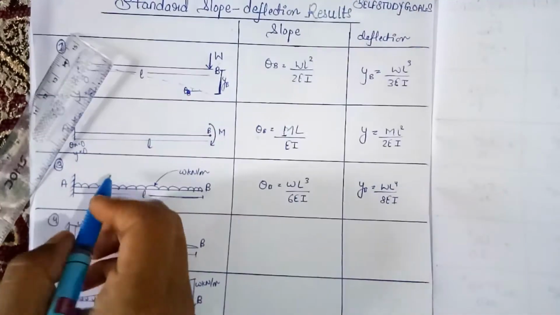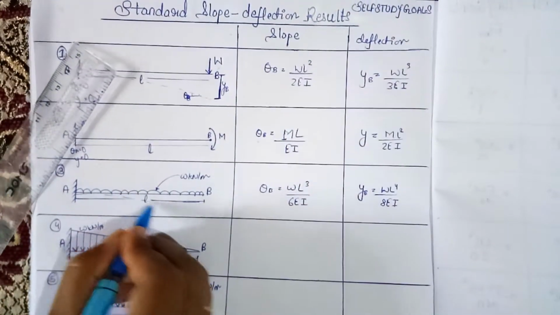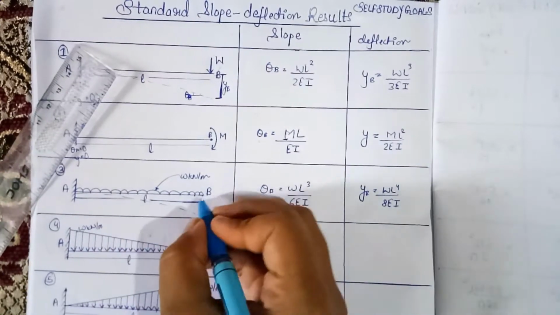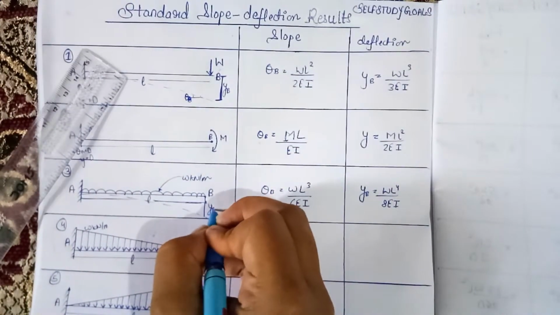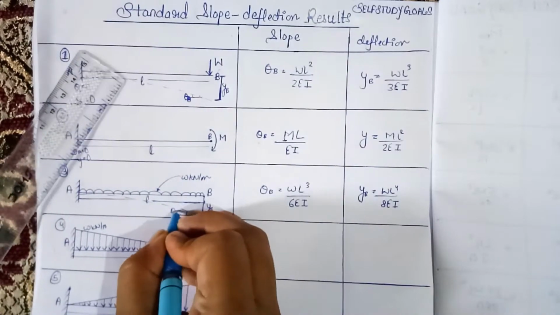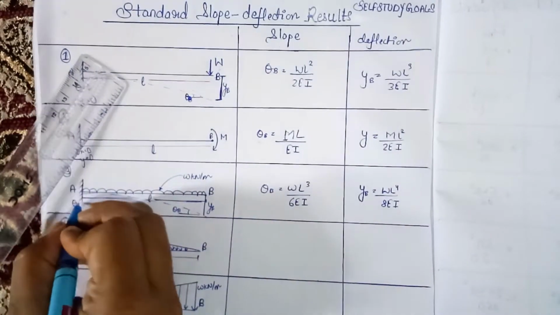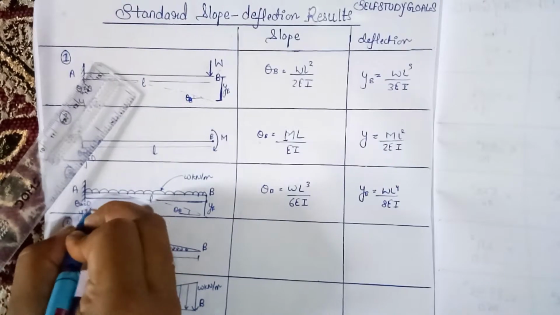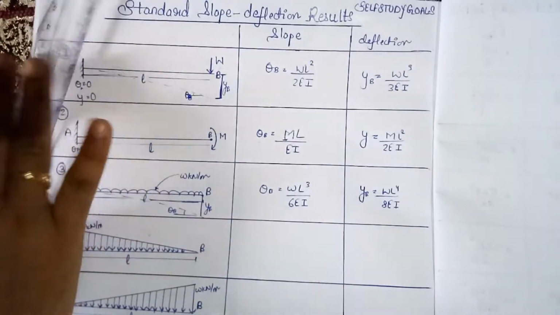Okay, so the beam will deflect like this. Here will be the deflection at B and the slope at B, theta B, but the slope will be 0 and the deflection will also be 0 at joint A.